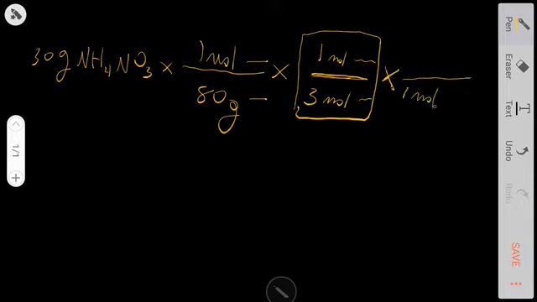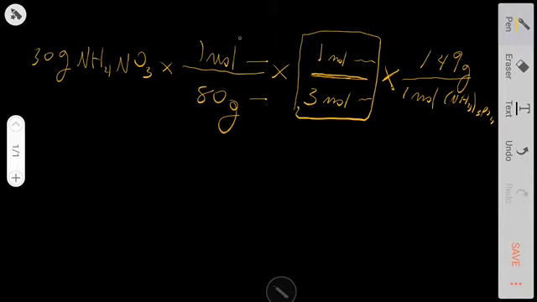So in 1 mole of ammonium phosphate, NH4 3PO4, I have 149 grams. You're going to multiply across, so 30 times 1, that's 30, times 149, you're going to get a pretty high number, and then you're going to divide that by 80 times 3, which is 240.